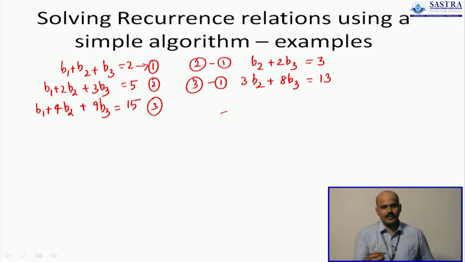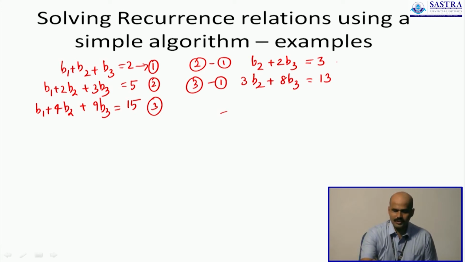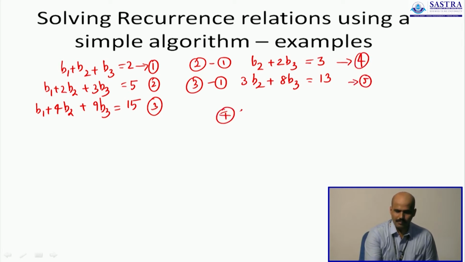So we have to further eliminate one of the two variables here. Let's call these 4 and 5. If we multiply the fourth one by 3, we have 3b2 plus 6b3 giving us 9, and 3b2 plus 8b3 giving us 13.